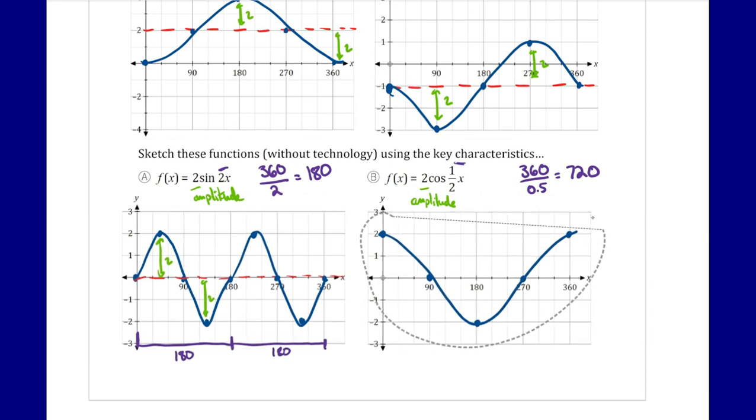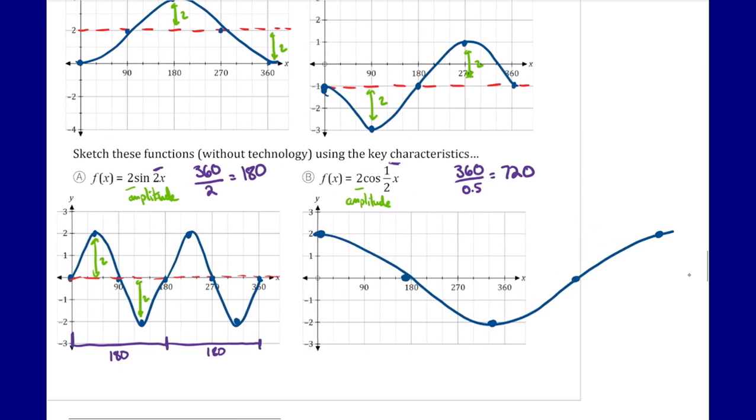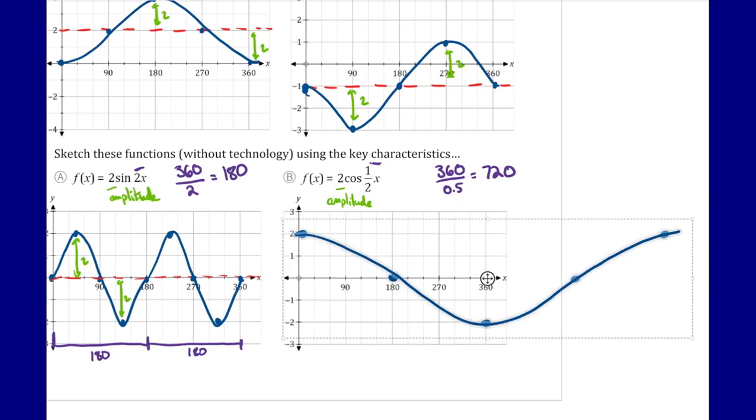But it says that I have half of my cycle in 360 degrees. So let's extend this. We'll stretch this out. There. So that is what one cycle of my wave should look like. It's been stretched, so now it covers 720 degrees, and we only see half of it in 360 degrees.